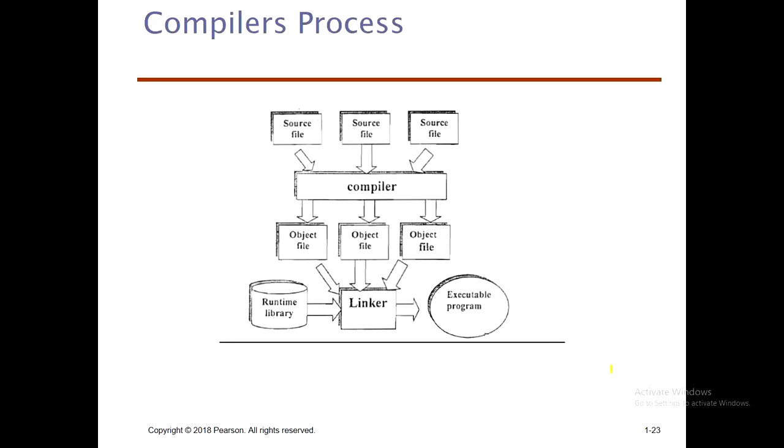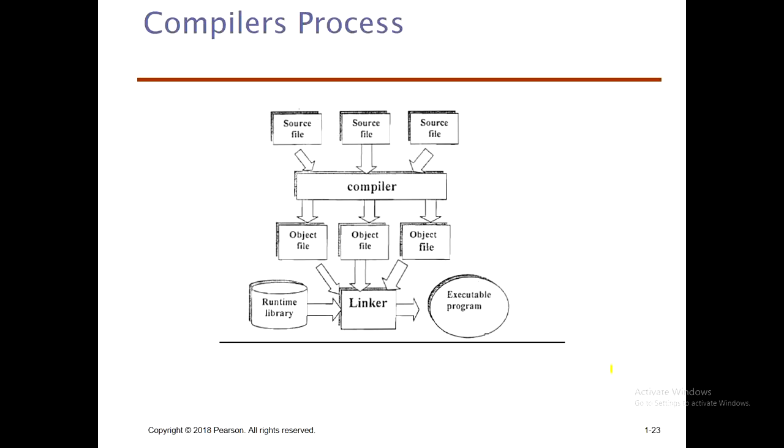Then if there are any libraries stored, properties, saved description for the program, or preprocessor directives that are going to be added to the program, this is going to be added through what is called the linker. The linker links the runtime library files with the object files, and then creates the executable program.